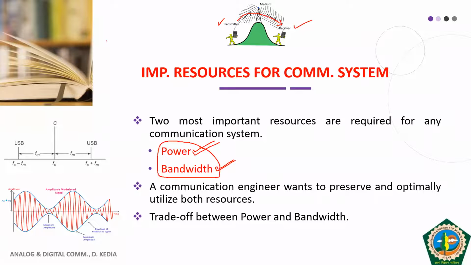You can assume the bandwidth as a pipeline, as a simple pipe, that will help my signal to travel. Say this is my transmitter side, and this is my receiver side, and this is my channel, which is behaving like a pipe.